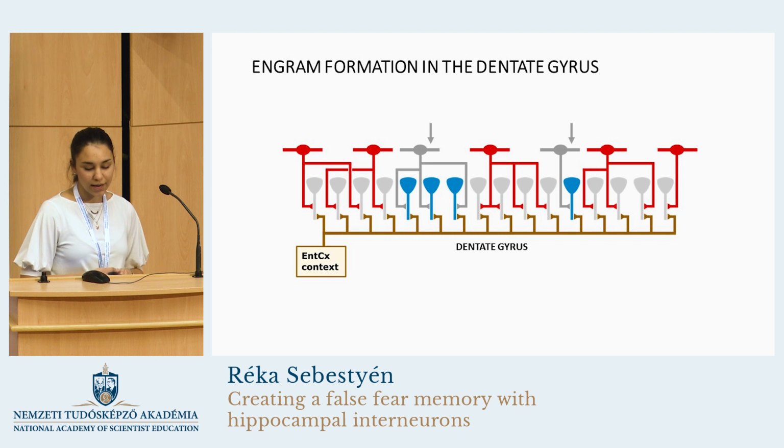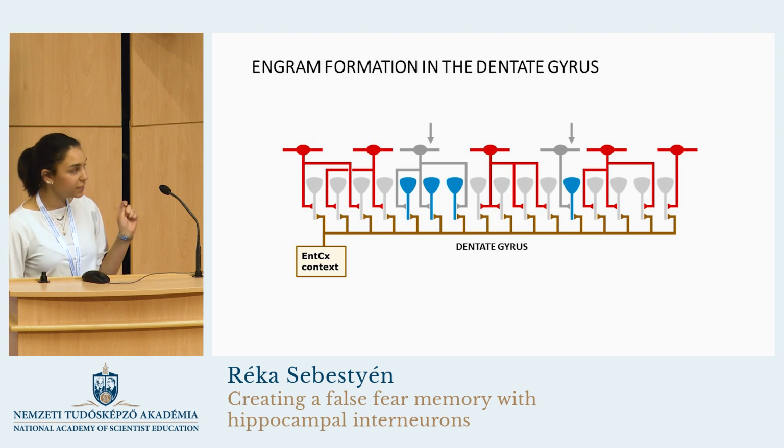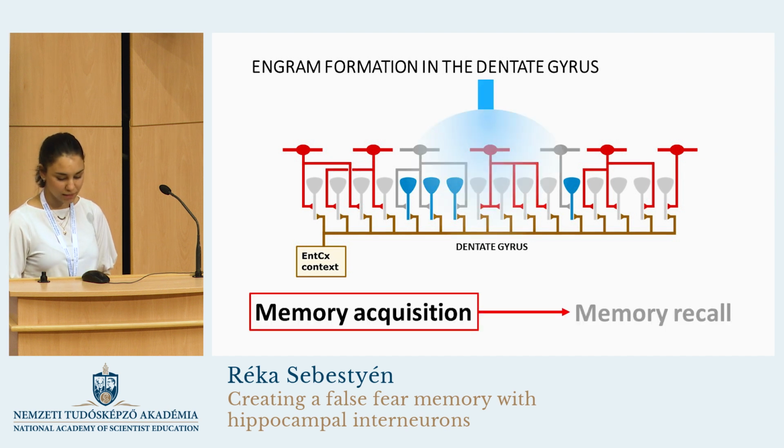So, we hypothesized that if a small population of these, here pictured in red, somatostatin-positive interneurons were to be inhibited, then their target granule cells would become more excitable by the entorhinal cortex.